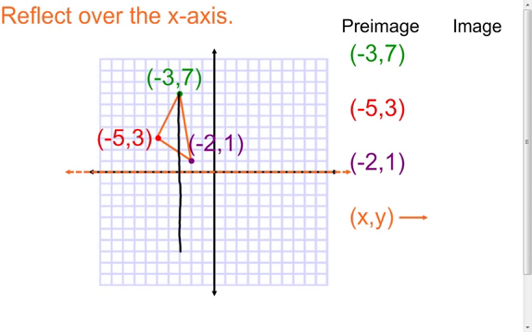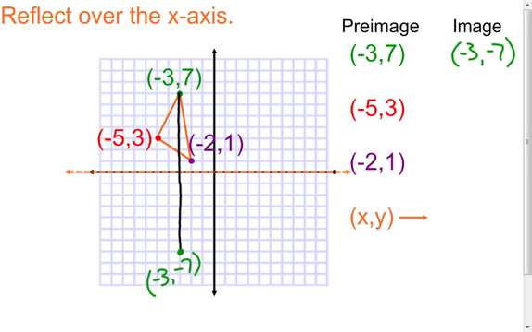Now how far is my green point away from the line of reflection? I could count it. It's 7 away, so then my image is going to have to be 7 away as well. It would end up right there. Now the coordinates there would be (-3, -7). So the image this time is a little different than what it was last time.